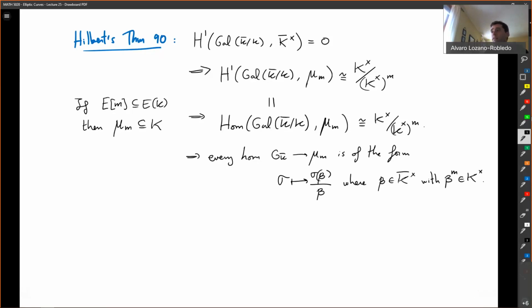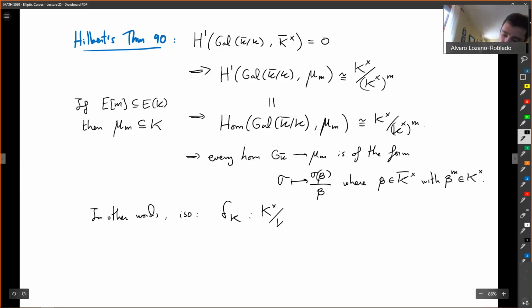Okay, so what that says then is that there is an isomorphism, delta_K, that is essentially from Kummer theory, but in any case, that K cross modulo K cross to the mth power is isomorphic to the Homs of the Galois group into mu_m.